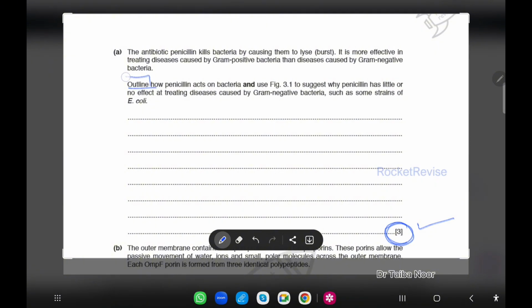Number 1 is outline, the keyword. Number 2 is how penicillin acts on bacteria, which will most probably be 1 mark. Then using the diagram to suggest, again the keyword, you need to suggest, not explain in detail, why penicillin has little or no effect at treating diseases caused by gram-negative bacteria such as some strains of E. coli.